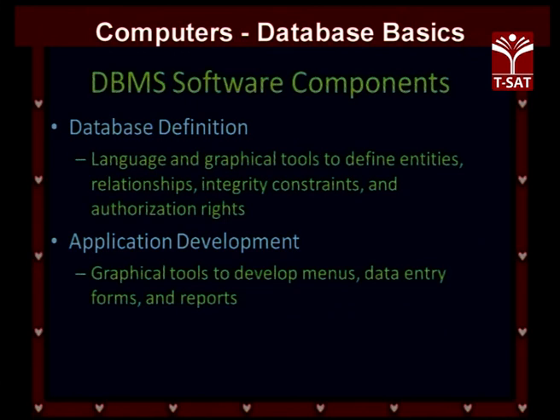Only the appropriate user can connect to the database. Apart from that, it provides access based on the user. If you want to provide only read-only access, you can provide that. If you want to provide only write-only access, you can do that by using this DBMS software.